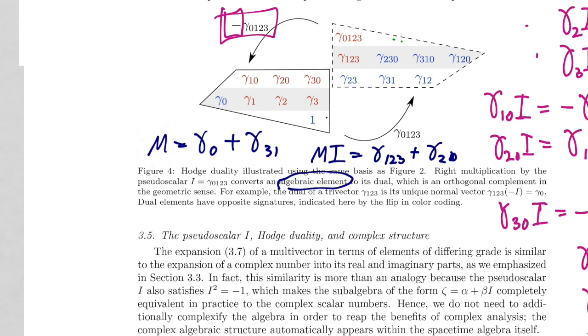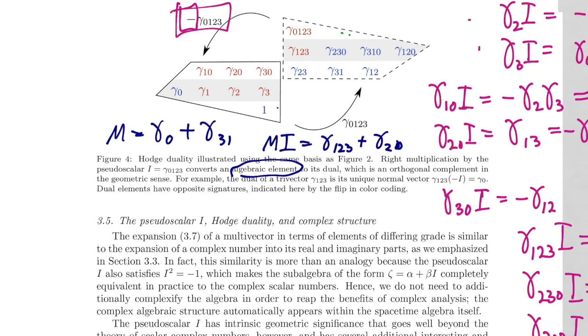So every algebraic element has a dual, and that dual is the orthogonal complement in the geometric sense, right? So gamma 0 is this vector. What's the entire space complementary to gamma 0 is going to be spanned by gamma 1, 2, 3. Any other vector in the entire space is going to be inside.